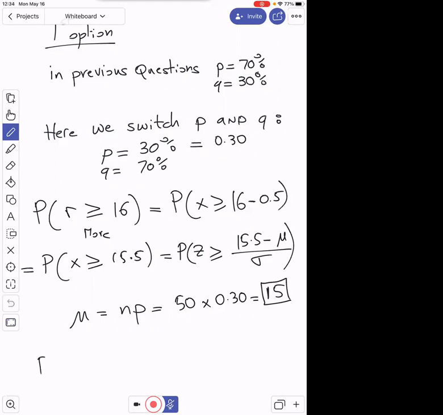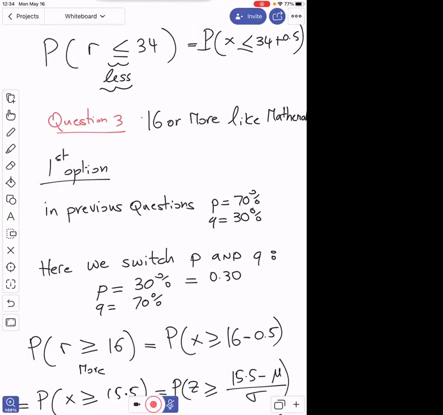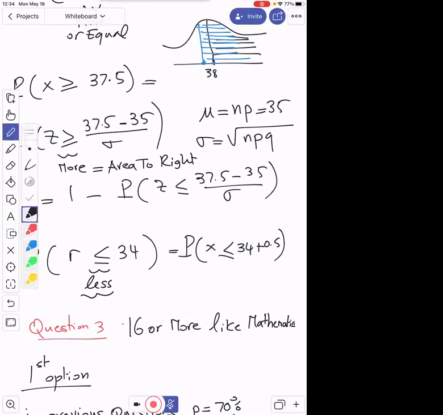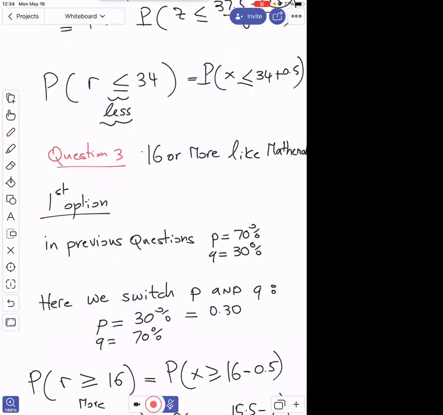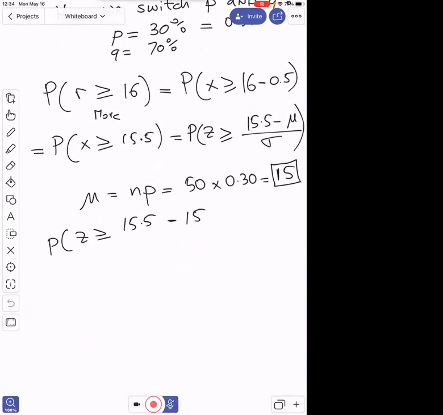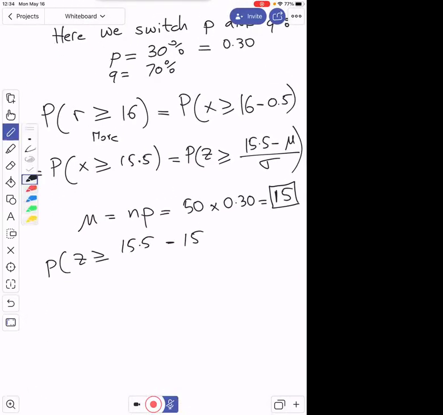So Z is more or equal to 15.5 minus 15, right? That's different from the mu we used before. The mu we used before is 35. Because we switched P and Q, we have a new mean, mu.